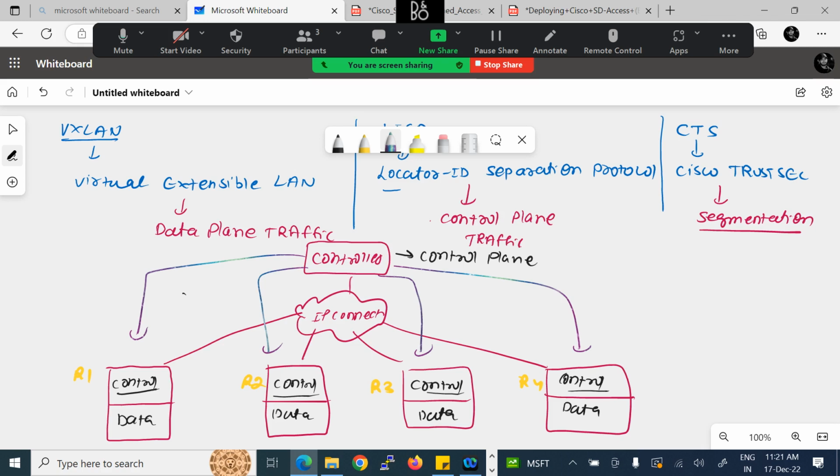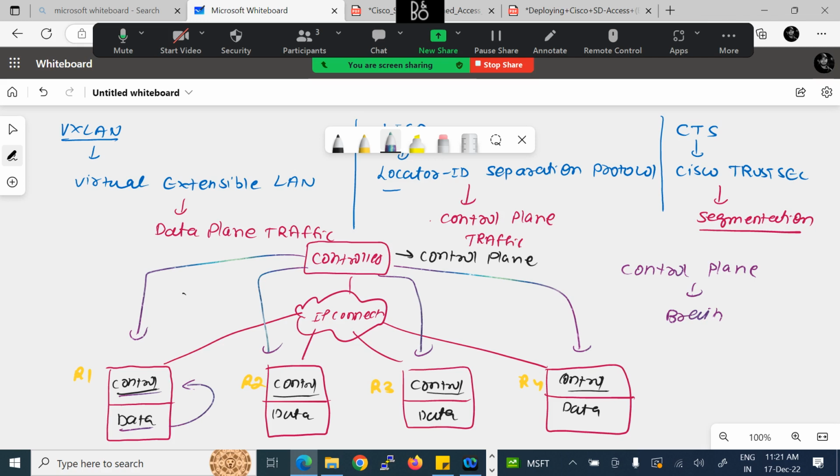And you know that the working of the data plane is dependent on the control plane. The control plane is like the brain.